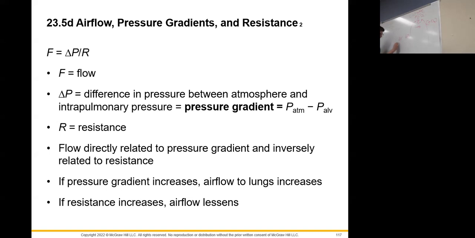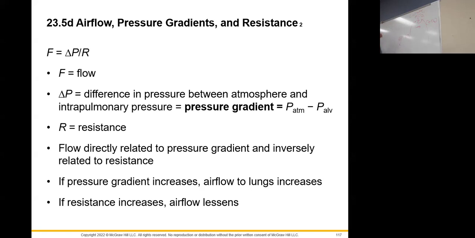P is your pressure, and then R is on the bottom. Because it's on the bottom of your equation, if you make this number go up, you make this number over here, your flow rate, go down. So if the bottom gets bigger, your flow rate goes down. If you increase resistance, flow rate will go down.